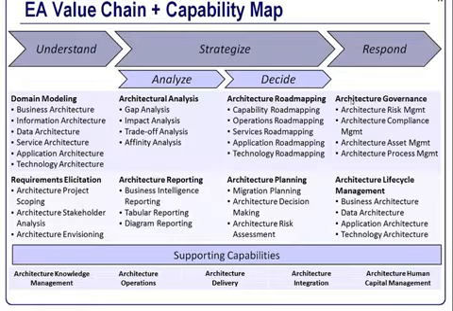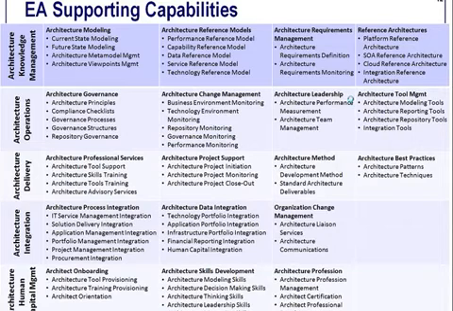So if we move on a little bit further, here we can see more of a detailed bill of materials of the supporting capabilities, and I'm not going to read all these. I'm just going to call out a couple of them. But the one thing I always take away from looking at this is that it's a very powerful affirmation that enterprise architecture, the things you need to do to make it work, has a lot of moving parts.